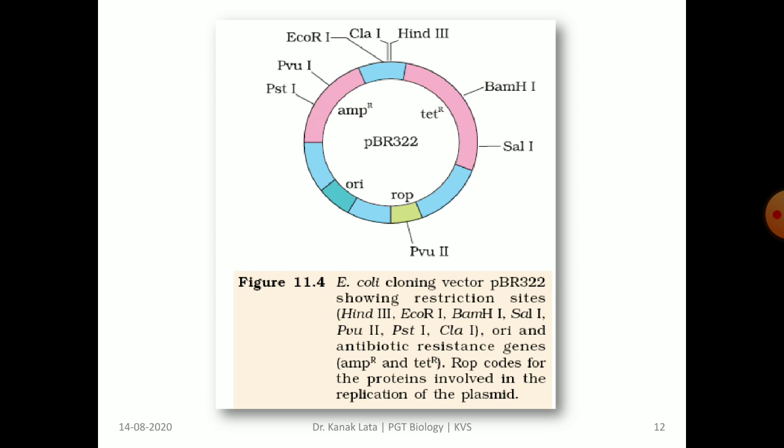Along with this, ori, the origin of replication, and antibiotic resistance genes like ampR and tetR. ampR is ampicillin resistance and tetR is tetracycline resistance. So these two genes are also present, which are used as selectable markers. rop codes for a protein involved in the replication of plasmids.